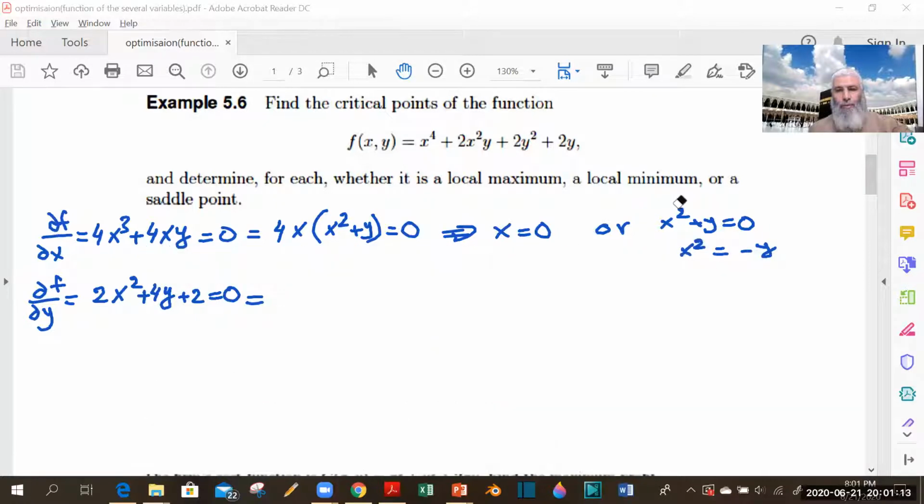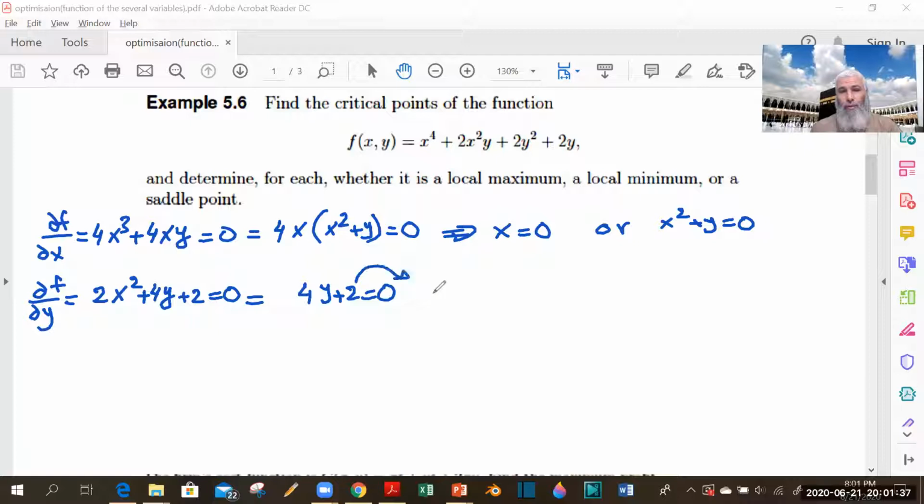Can we continue from this point, or do we need to come back to the beginning? From here, if x equal to 0, we put x equal to 0 here, so 4y plus 2 equal to 0, right? Yes.